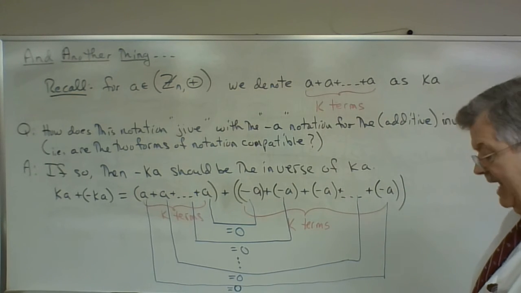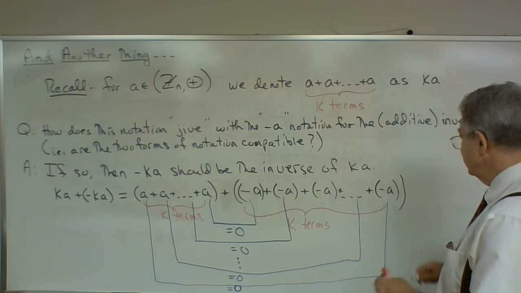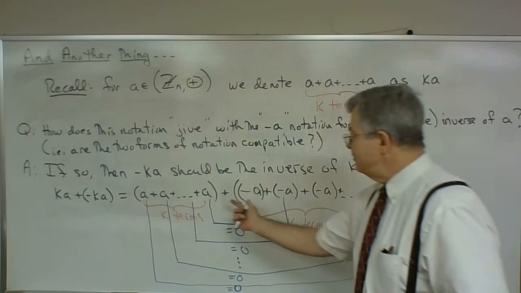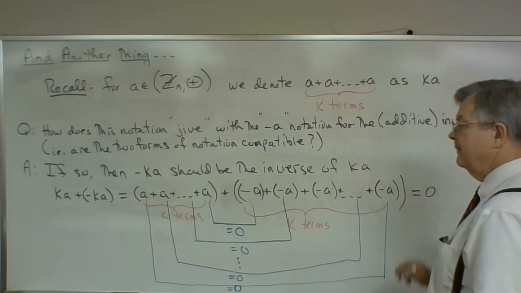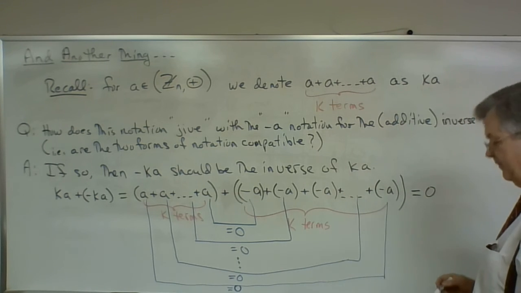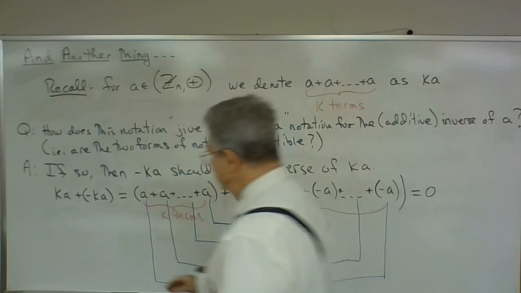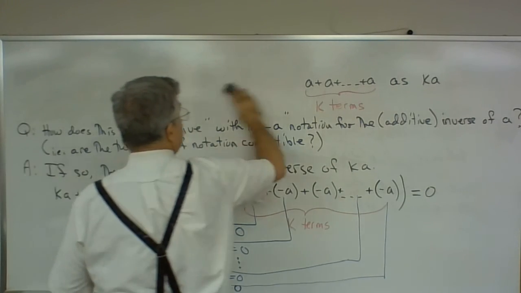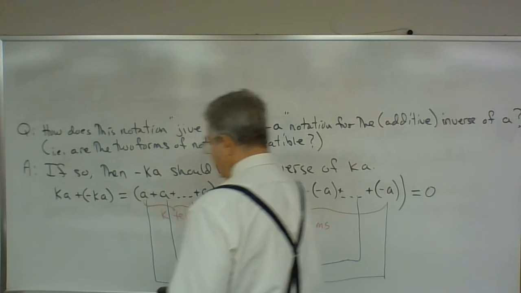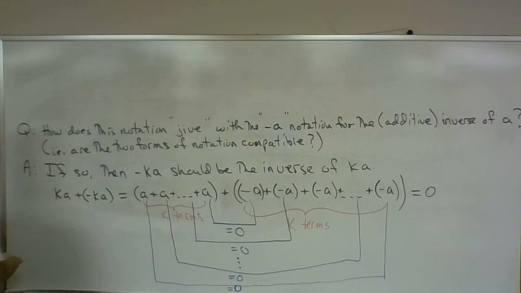Essentially, this is a collapsing sum, and it collapses from the center out, and we get 0. So I guess the moral of the story is, as far as inverses and notation of repetitive addition, they are compatible.